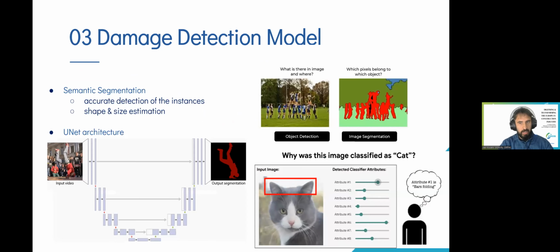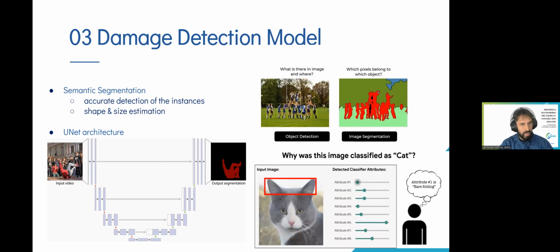But why semantic segmentation? Semantic segmentation is a technique that involves labeling each pixel in an image, functioning as a pixel level classification task. In classical object detection tasks, as shown on the top right, the model identifies bounding boxes around each individual detected class, resulting in a rough localization of the detected object within the image.